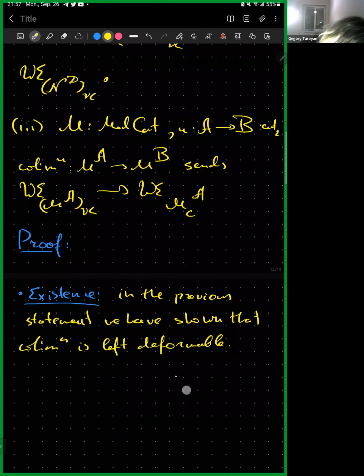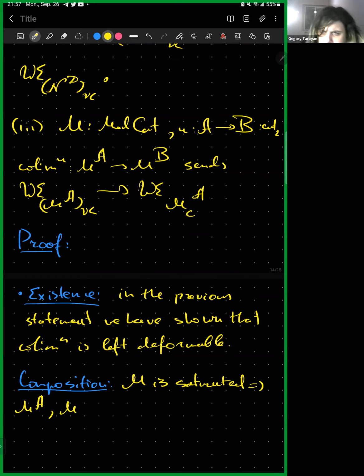So M is saturated. Hence, all diagram categories are also saturated, because weak equivalences are defined object-wise.